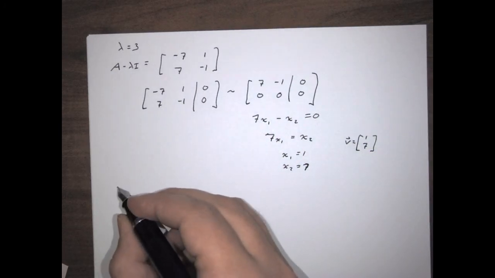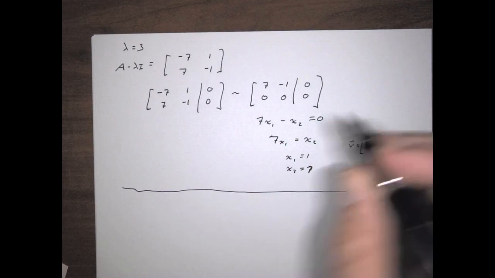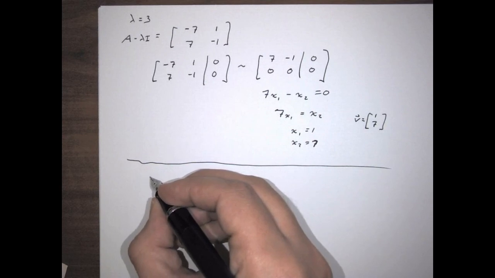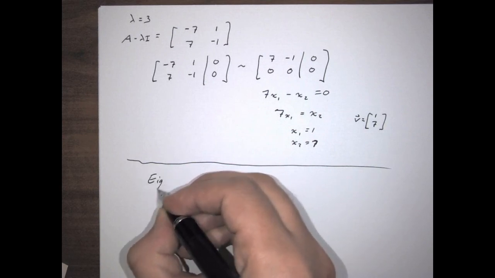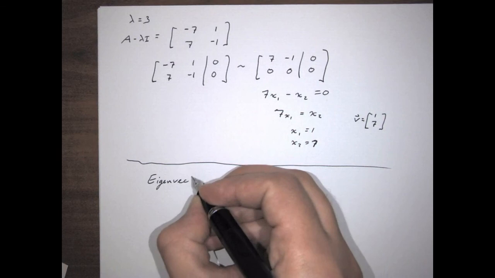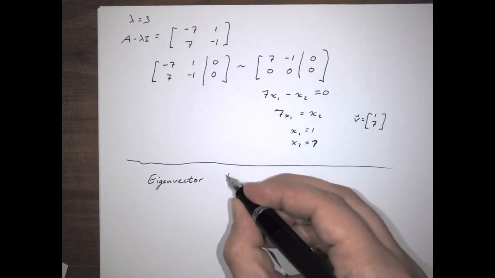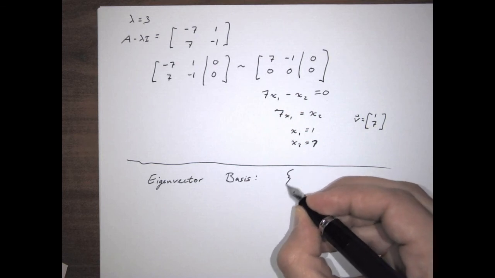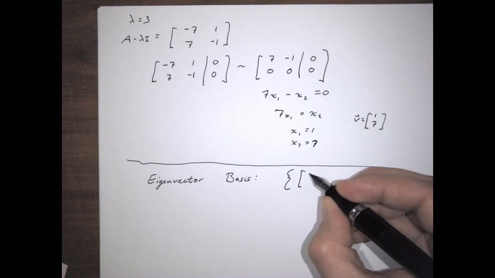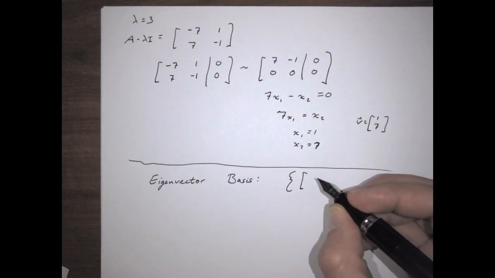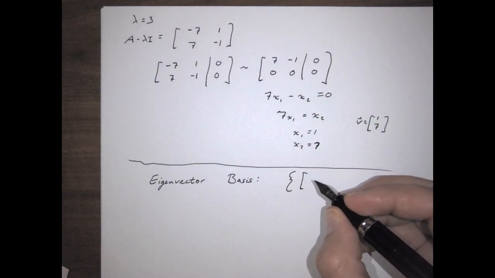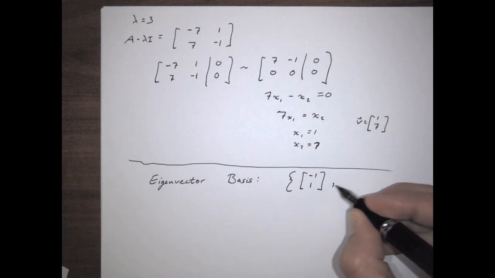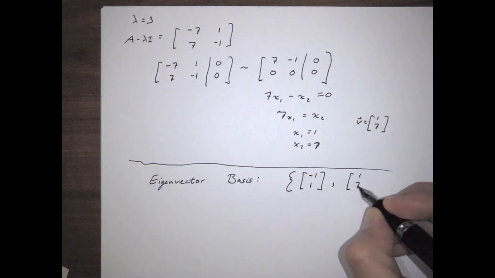But now, since we have these two eigenvalues and eigenvectors, we can state the eigenvector basis. So the basis will be our first one, which was, what was that? It was negative 1, 1, and 1, 7.